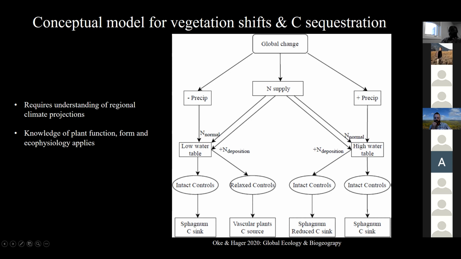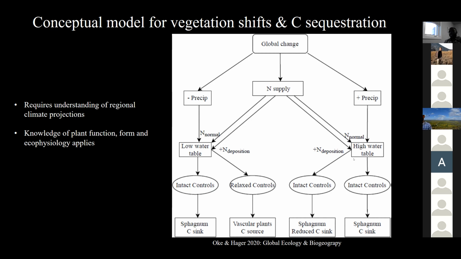If the nitrogen deposition is normal, this system remains intact because vascular plants cannot really establish in those environments. If that interacts with an increase in nitrogen deposition, the system still remains intact, but we are likely to see reduced carbon sequestration due to microbial respiration that's going to increase as a result of increased nitrogen input into the system.